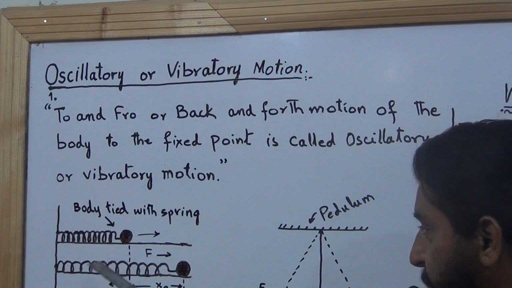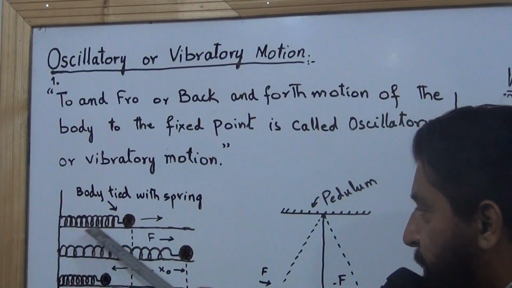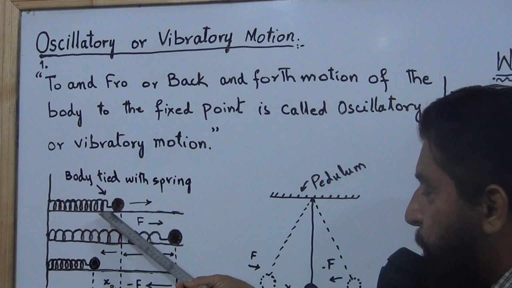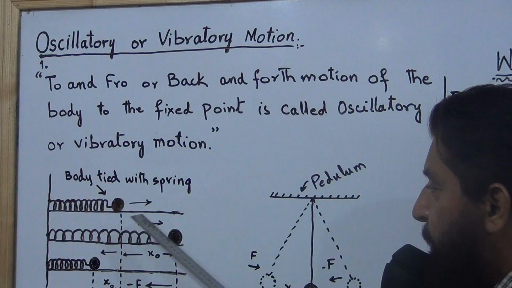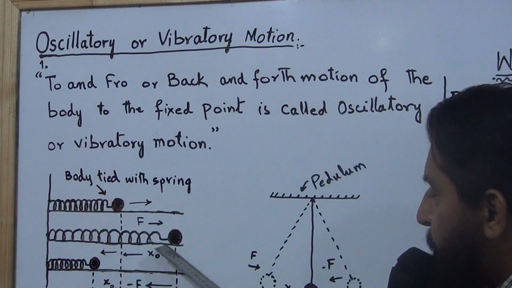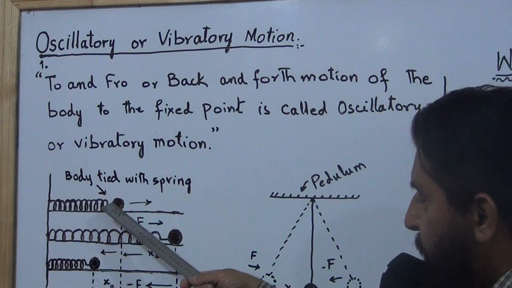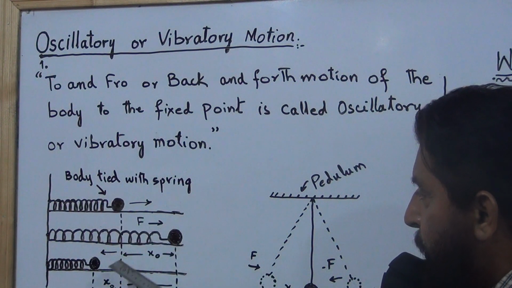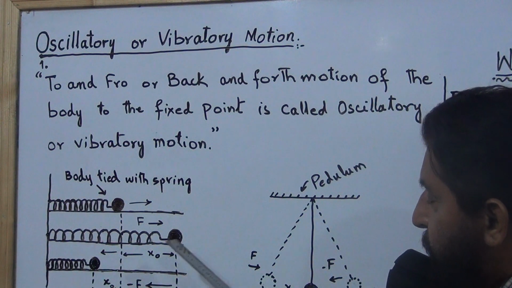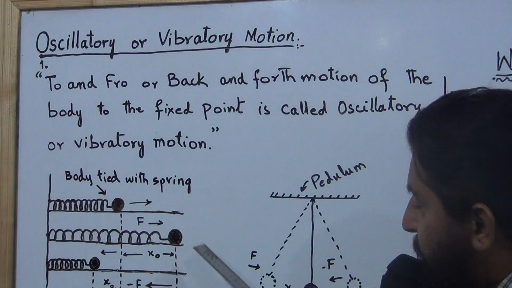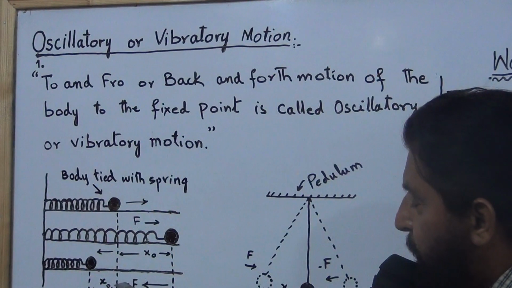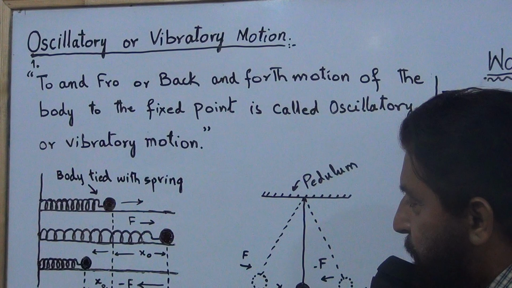Means when this body is attached with the spring and placed horizontally, when you apply the force on the body, it will move from its mean position or equilibrium position to the left, and when you release the force, the body will move back towards the mean position and acquire the new position.